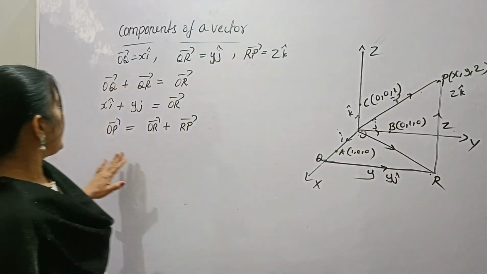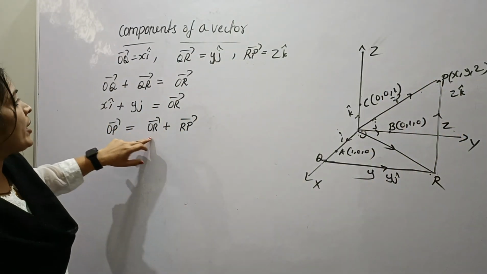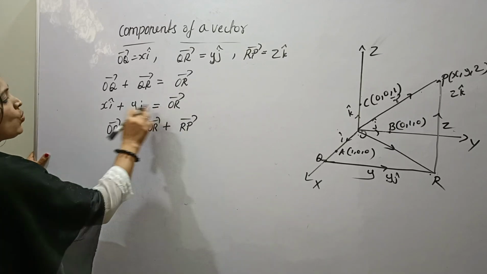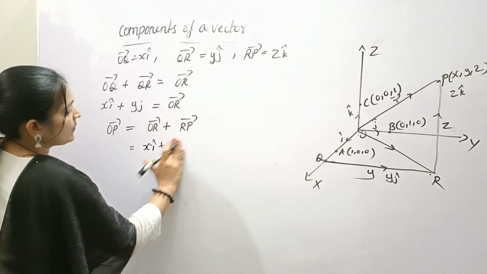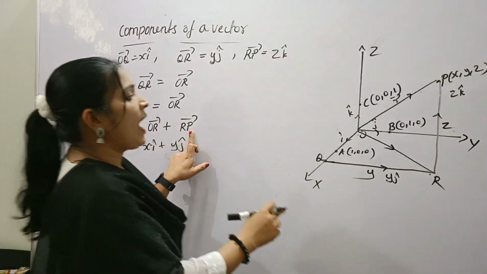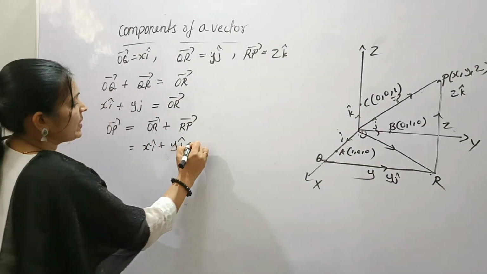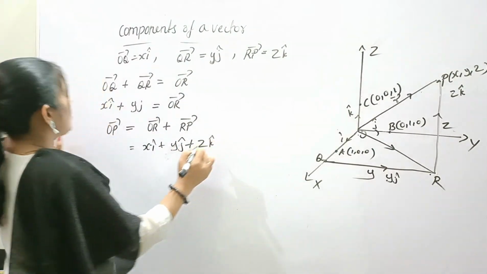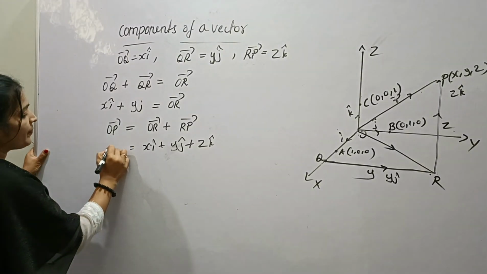Now, what is vector OR? Vector OR is equal to x i plus y j. And vector RP is nothing but z k. What is vector OP? That is the position vector, vector r.